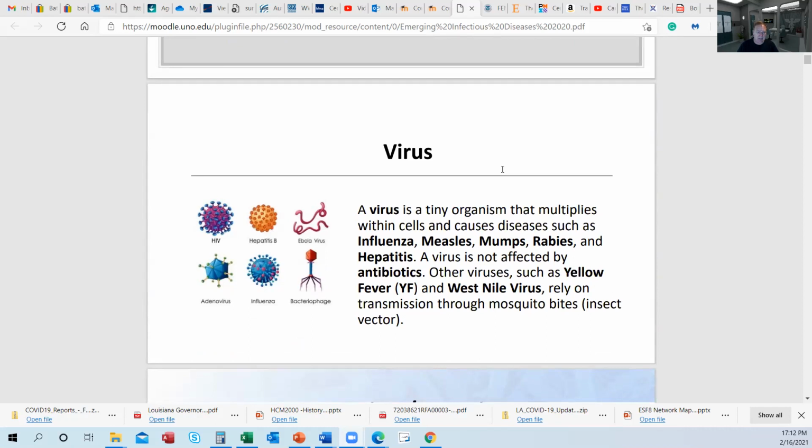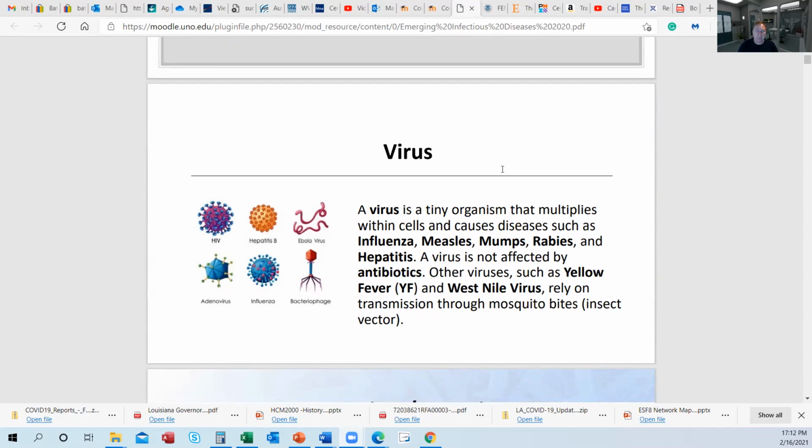We typically associate a virus with things like influenza, measles, hepatitis, yellow fever, West Nile virus. Just understand that viruses are not affected by antibiotics. We have very few antivirals, and what works on one virus doesn't work on another.